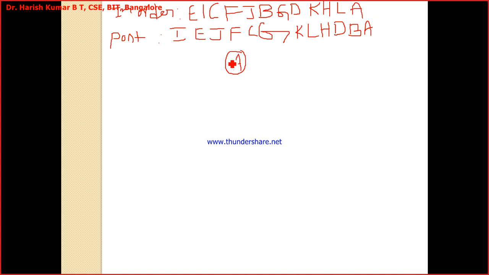For the root node A, there is no right subtree at all. All the nodes towards the left side of A will take the position in the left subtree of A. People understood? Yes, sir. So there will be no right subtree for A, because after A in the Inorder traversal we don't have any nodes.